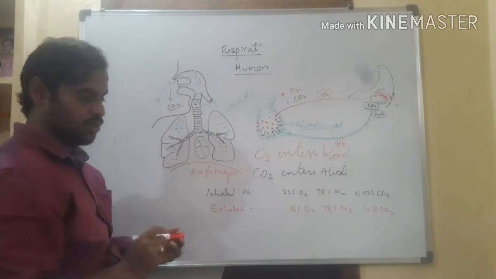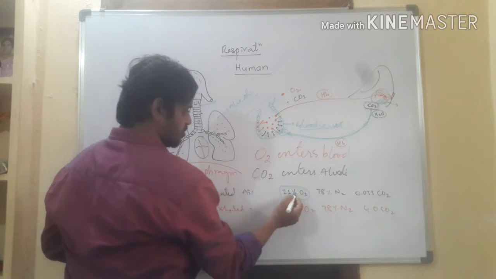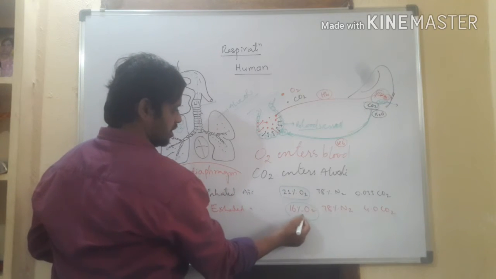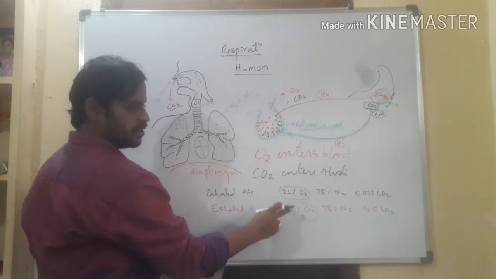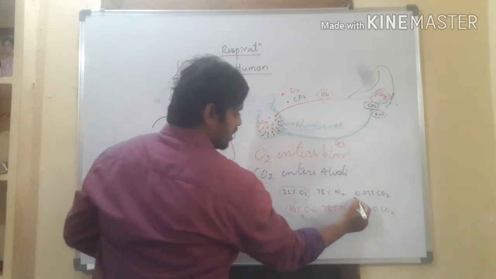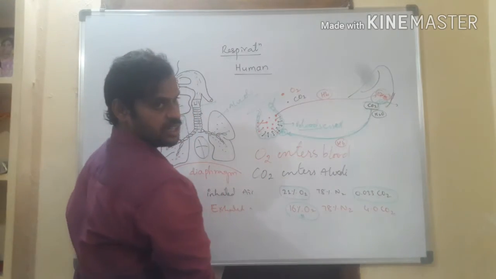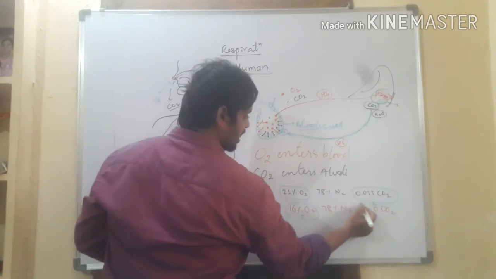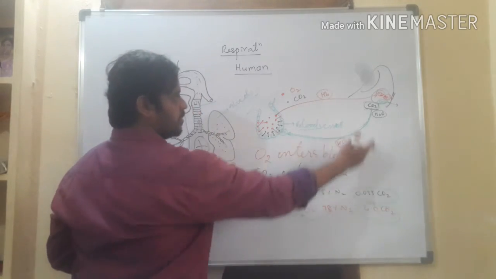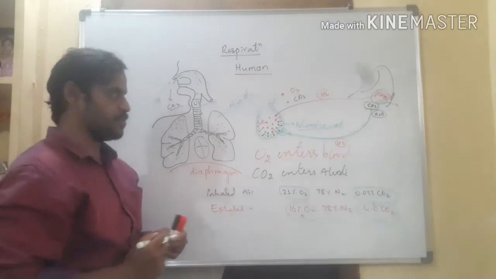What changes do you notice here? Inhaled oxygen is more, whereas in exhalation there is a decrease in oxygen. Where does it go? It goes into our blood. And here carbon dioxide was 0.033, but now it becomes 4, it increased. From where did it come? From cellular respiration.